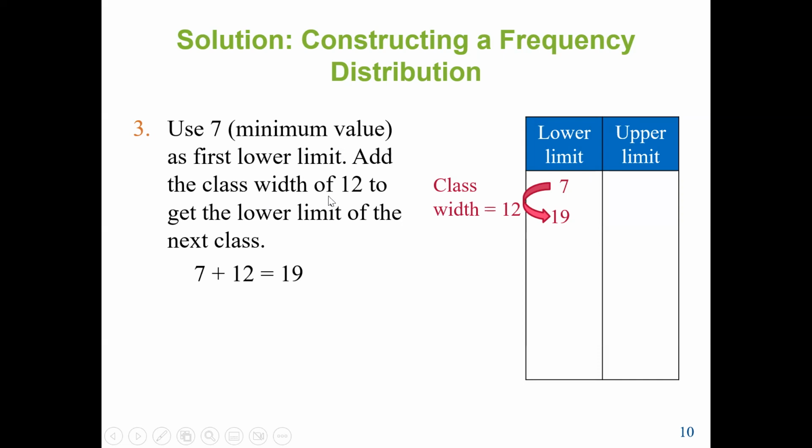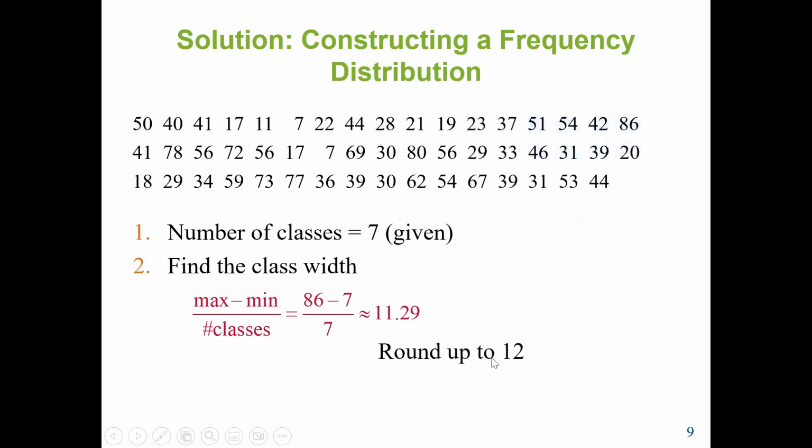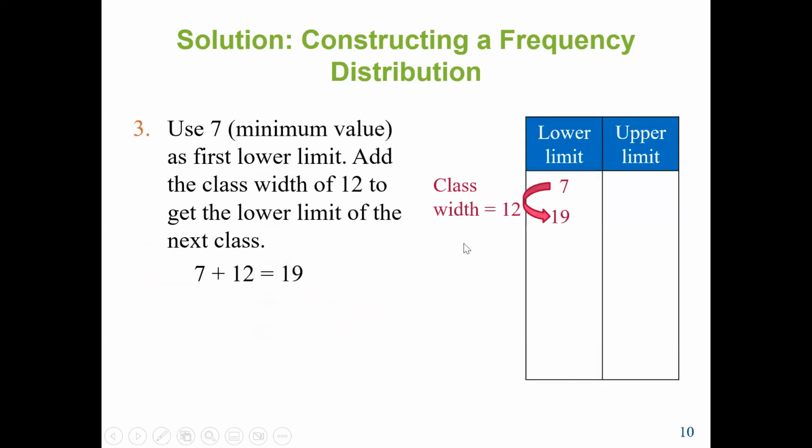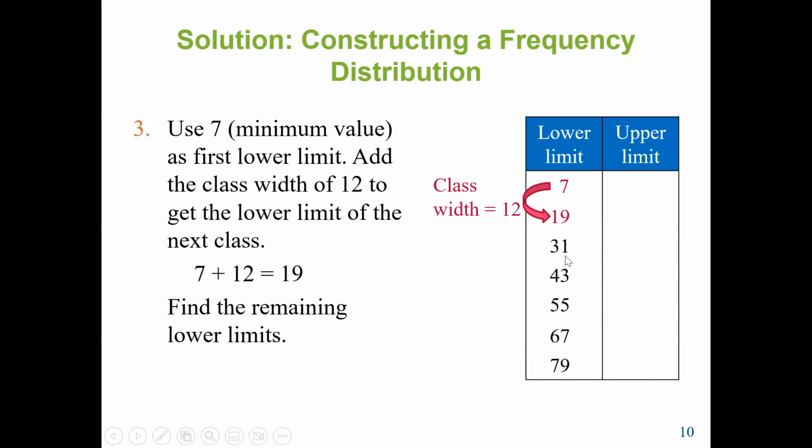Then we add the class width of 12, and that gives us 7, 19, then we add another 12, we get 31, another 12, 43, 55, 67, 79. So again, the class width is exactly 12, and these are the 7 classes we chose in the first step.